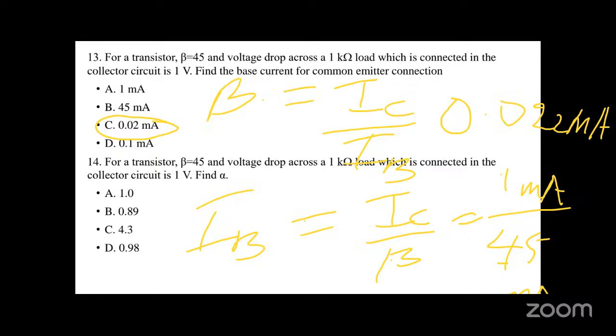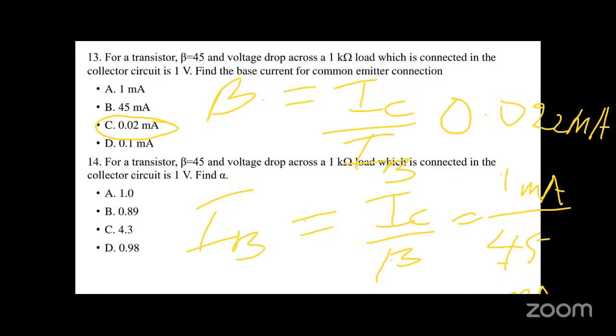The next question is: for a transistor, beta is equal to 45, and voltage drop across a 1 kilo ohm load, which is connected in the collector circuit, is 1 volt.